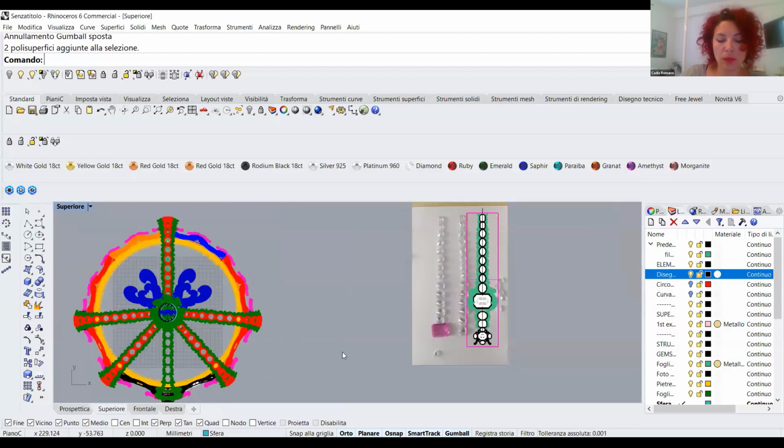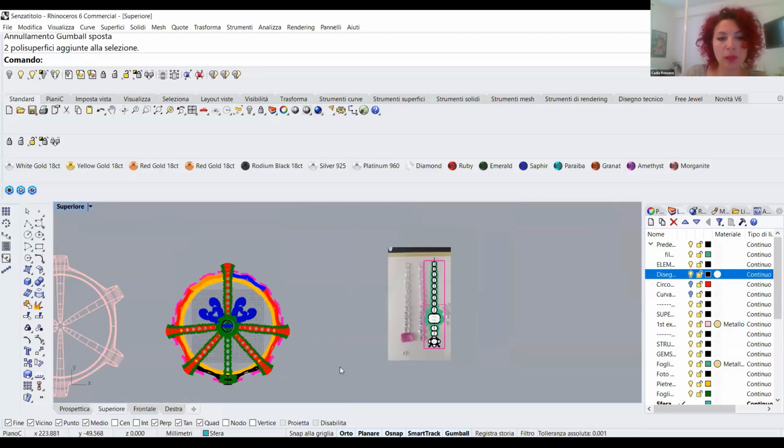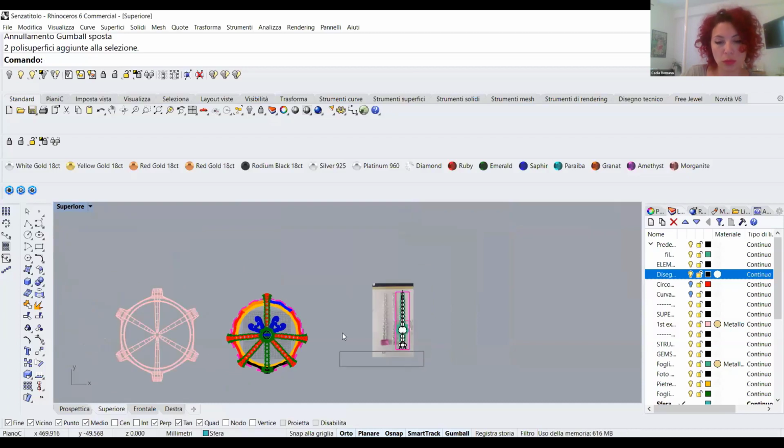Starting from the first one, I want to show you the top view of the ground, because in my mind, when we talk about 6 arms, I have to divide the 6 arms equally. I thought about the crown of Elizabeth II in England, or the Corona Ferrea.